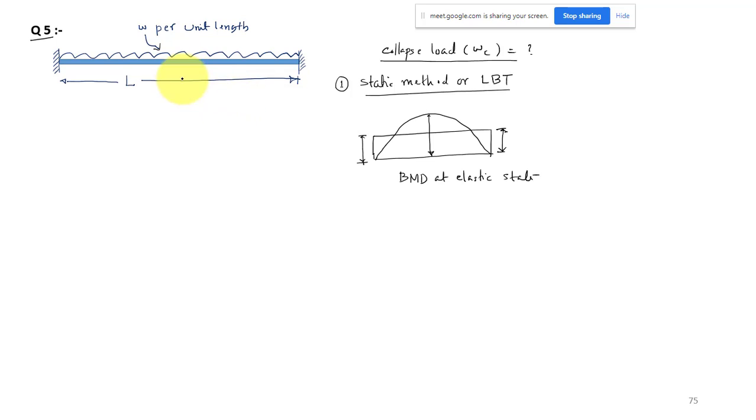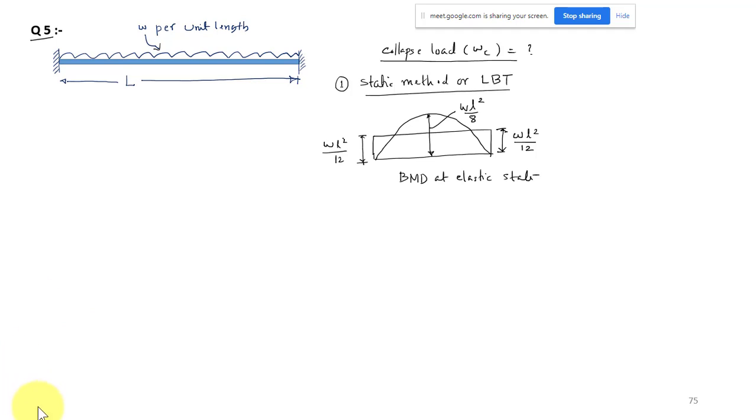It is WL square by 12, and this is also WL square by 12, because of symmetric loading, so both fixed end moments are equal. And the total value at midspan is WL square by 8. This is the moment diagram in the elastic state.